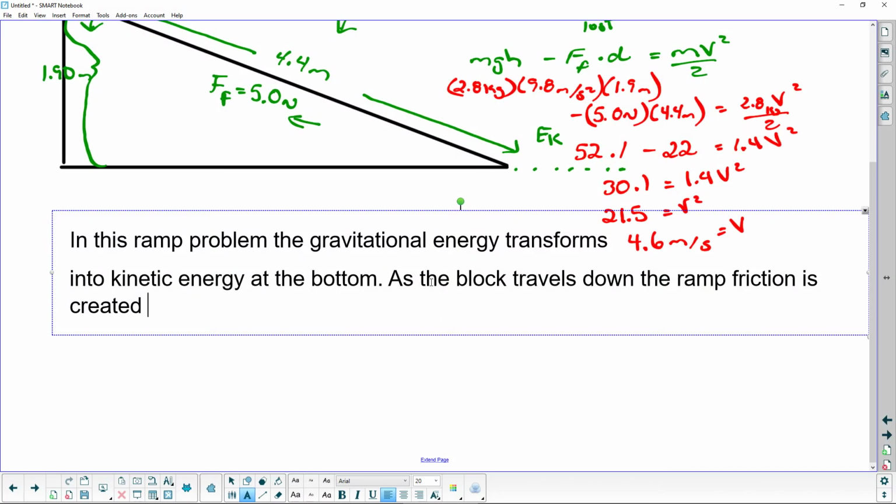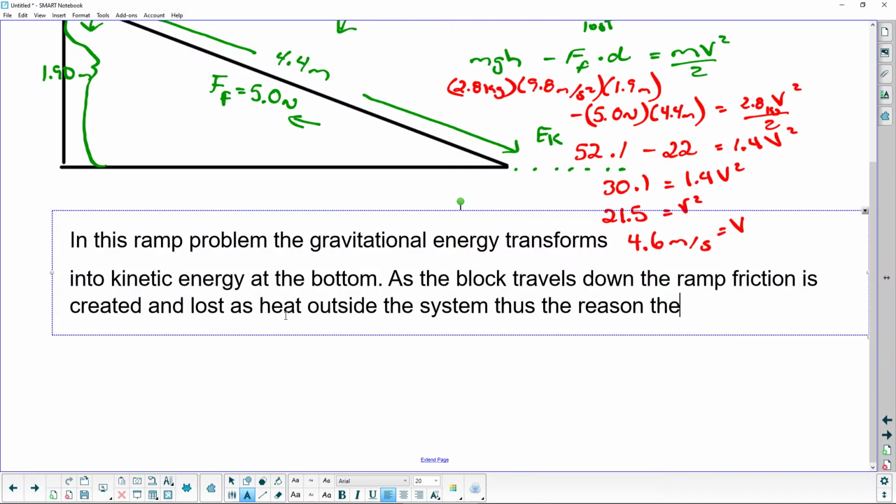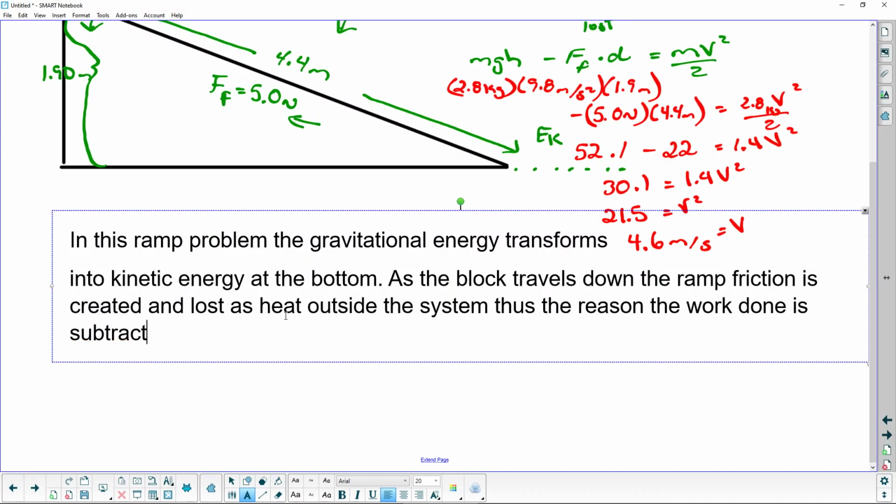Okay, so as the block travels down the ramp, the friction is created and then lost as heat to outside the system. Thus, the reason the work is subtracted from our energy.